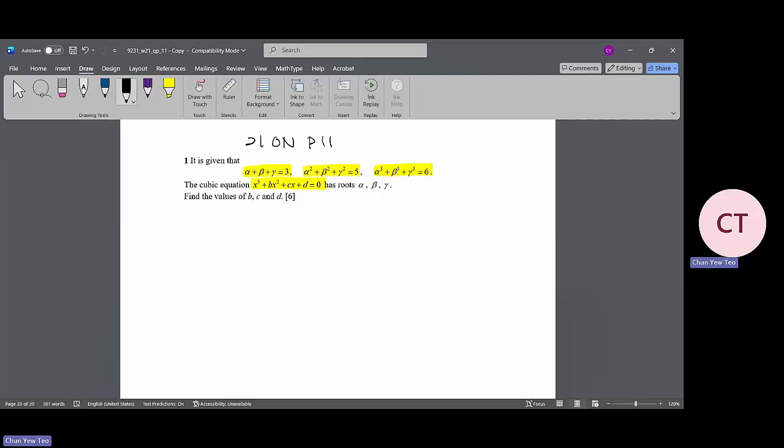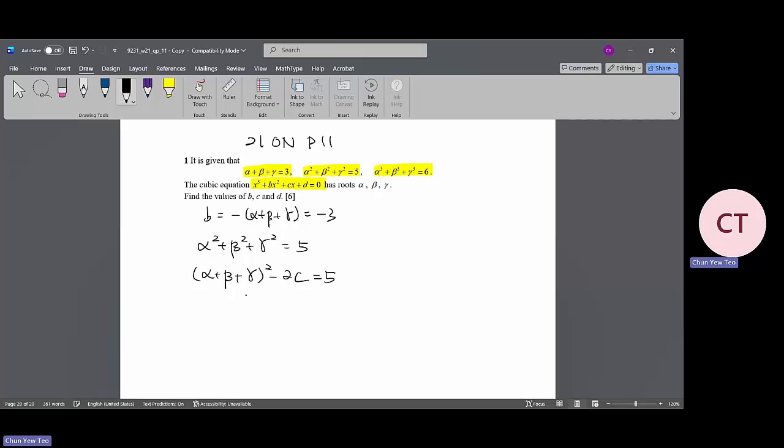Over here, we know that B is equal to the negative of alpha plus beta plus gamma, so B will be negative 3. Then for C, we need to use the result that alpha squared plus beta squared plus gamma squared is equal to 5. The formula is (alpha plus beta plus gamma) squared minus 2C is equal to 5.